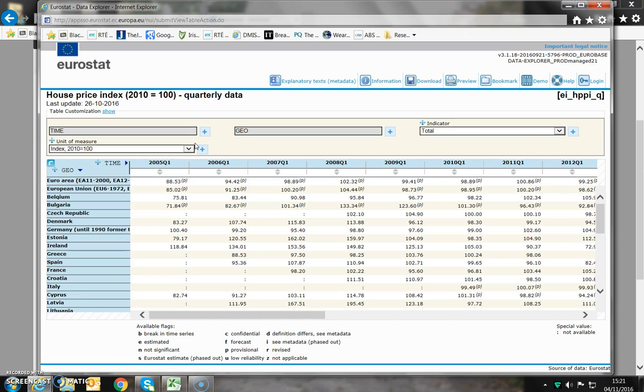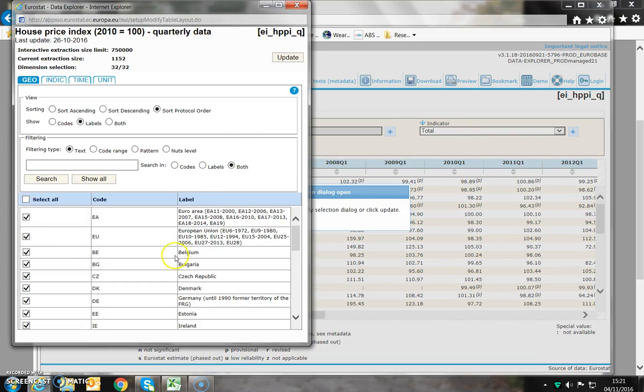So that's an option. Another option, we're having a look at a number of different countries here, is we might decide we're going to geographical area. We might decide to pick maybe the Euro area. We decide to go with European Union as well. And we might have a look at Belgium and perhaps maybe one other country. If we go select all, if we go unselect all, we can just pick what we want instead of clicking buttons.